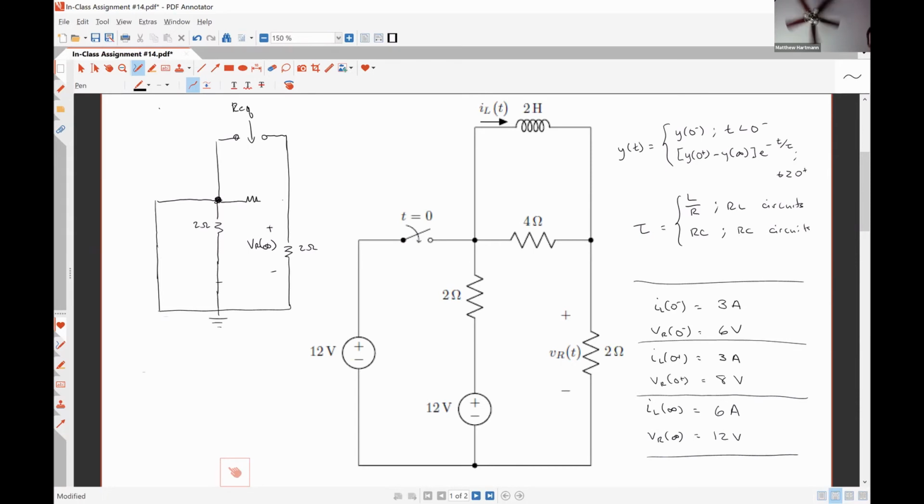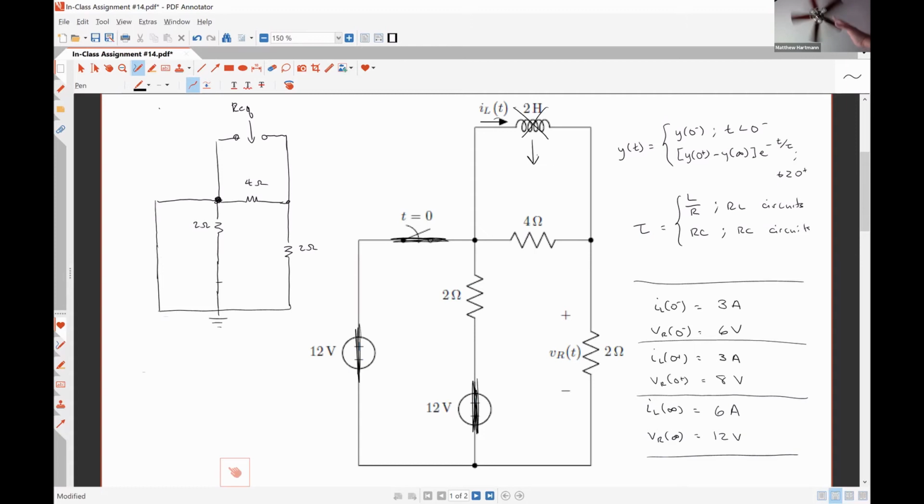And our 4 ohm resistor still exists. So what would the equivalent resistance seen be looking into this network? And we don't need this guy right here, right? To be clear, I've closed this switch because we're looking at it during the transient condition. I've zeroed out both of my voltage sources because I need to be looking at a dead network. And I've taken my inductor out and I'm looking in through the terminals where the inductor was.